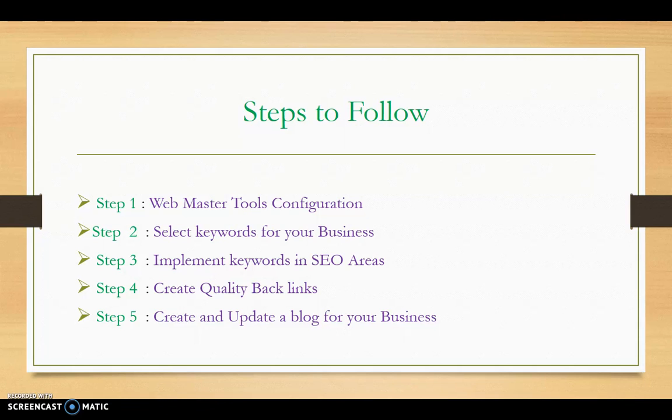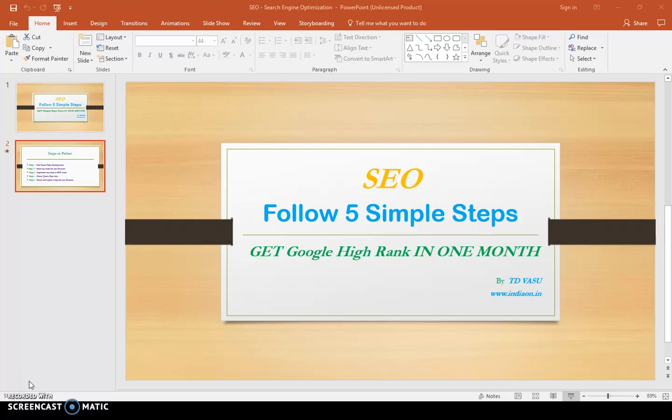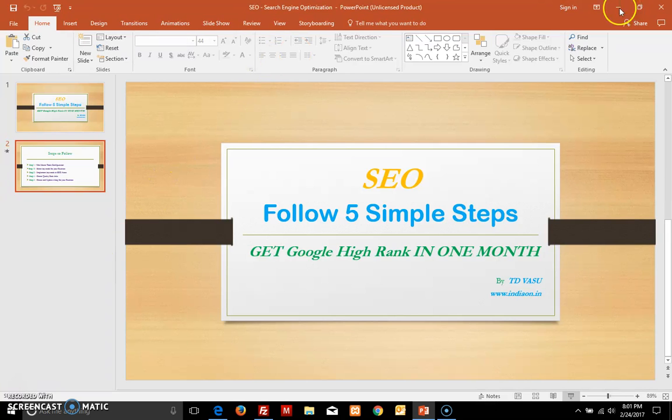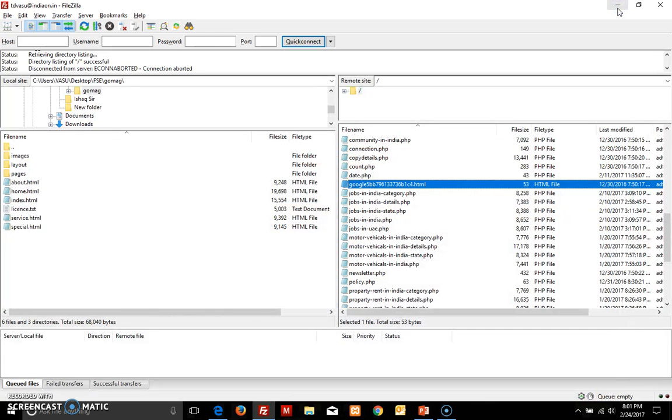Most probably you need a Microsoft mail, like Yahoo, Hotmail.com or Live.com. You need to have one mail ID. So first, we can discuss Google Webmaster Tool configuration. To configure it, first we have to create the Google account, a Gmail account.